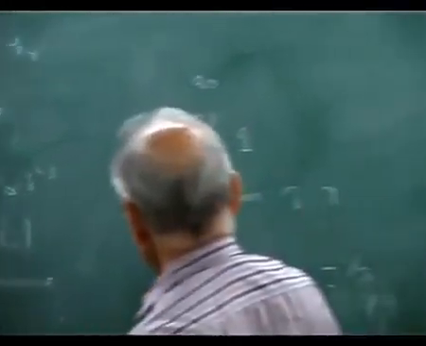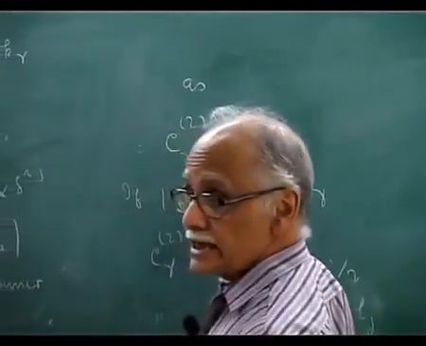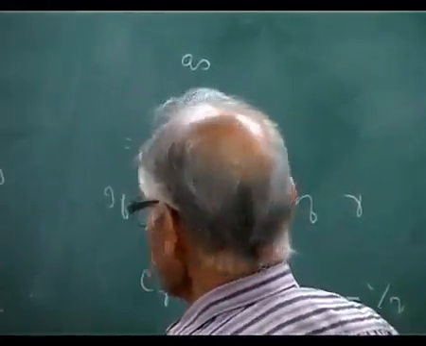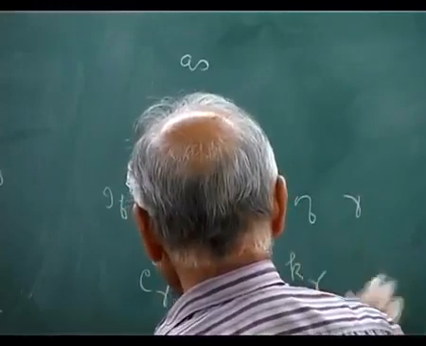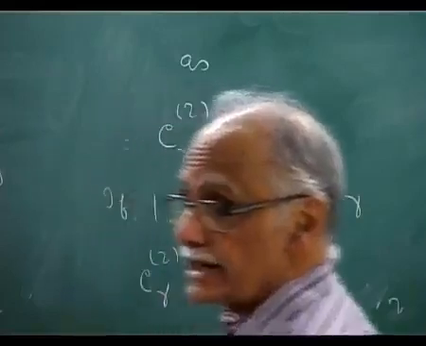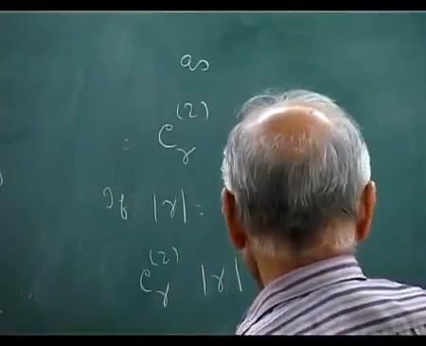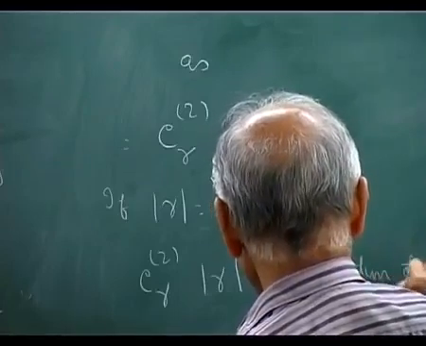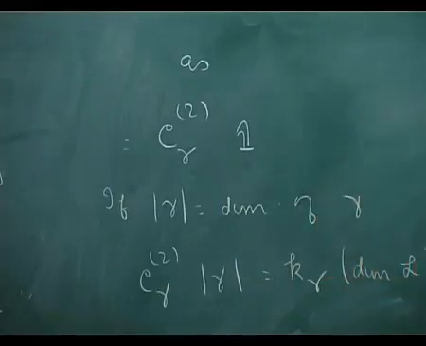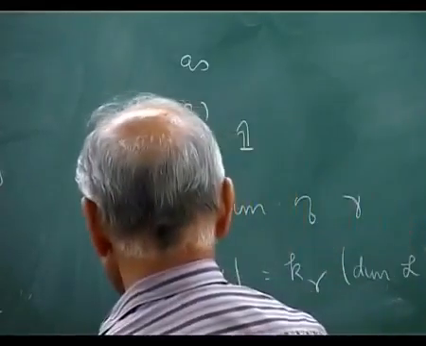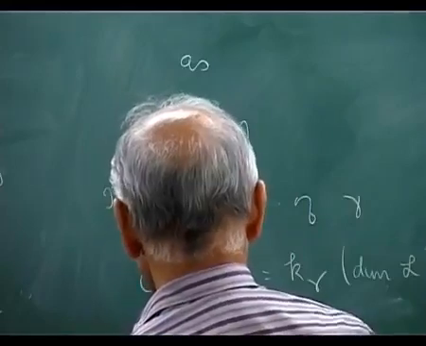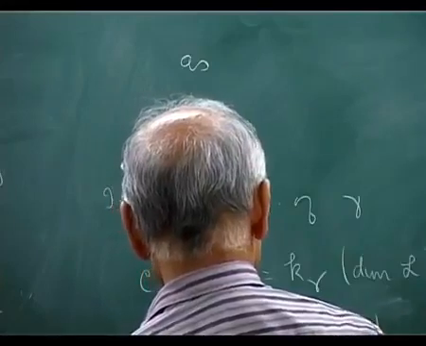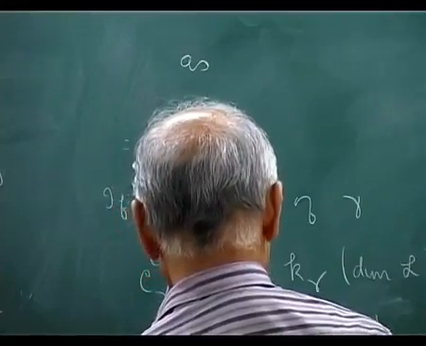The left hand side is C2 gamma, since the trace of 1 is d gamma, and it is equal to the right hand side, which is k gamma times, summing over i and j, the dimension of the Lie group, times the dimension of L. So we know what is k gamma: the quadratic Casimir in the representation gamma, times d gamma, divided by the dimension of the Lie algebra or the Lie group, whatever.